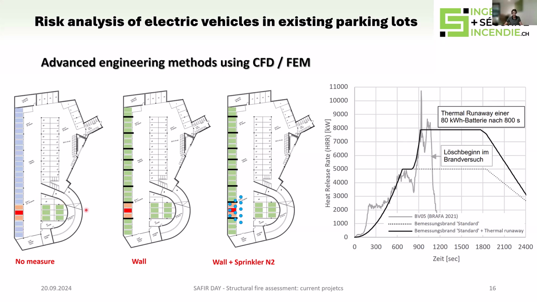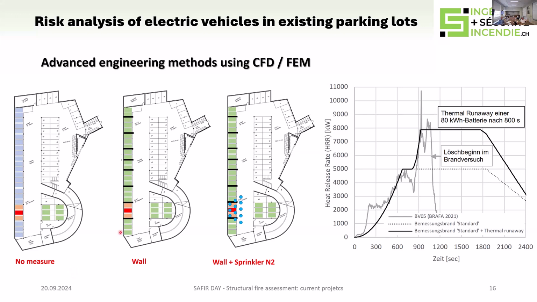So the fire scenario is the same for the 3 cases. We have an initial ignition of one car on the left in red, and then we imposed the fire spread to the 2 other vehicles after 2 minutes on the basis of literature.